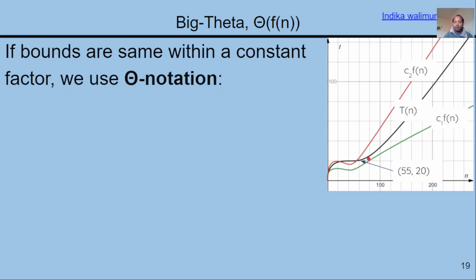The important thing is that T(n) is always sandwiched between c2·f(n) and c1·f(n), after this point. When we have that situation, we use big theta notation.